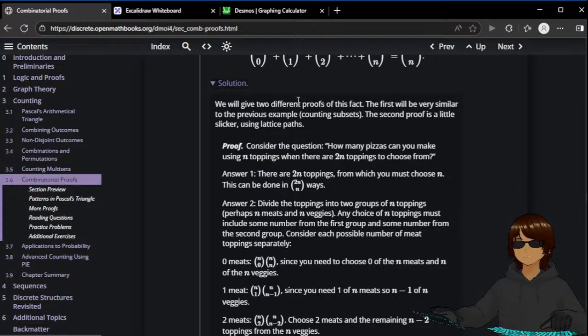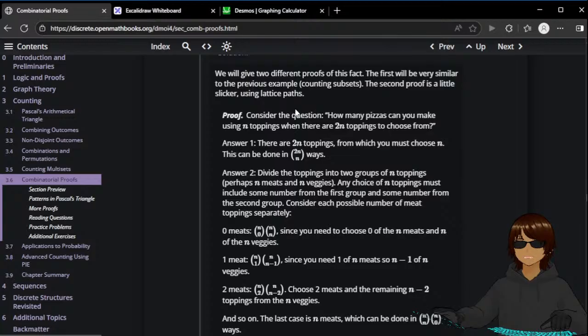We will give two different proofs of this fact. The first will be very similar to the previous example. The second proof is a little slickier using lattice paths. To prove this, consider the question, how many pizzas can you make using n toppings?